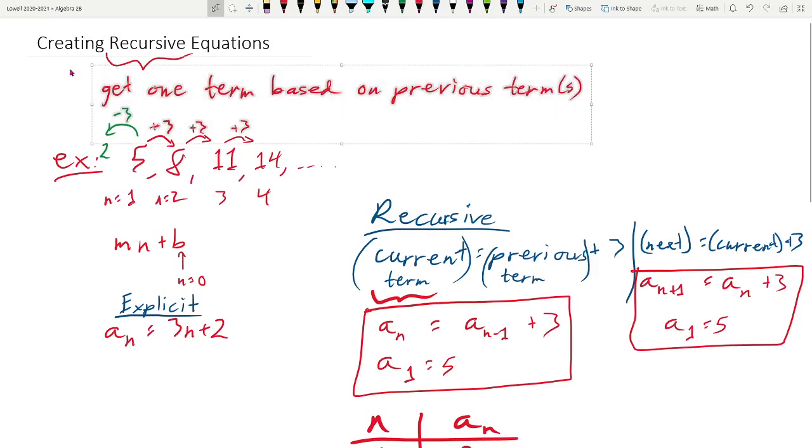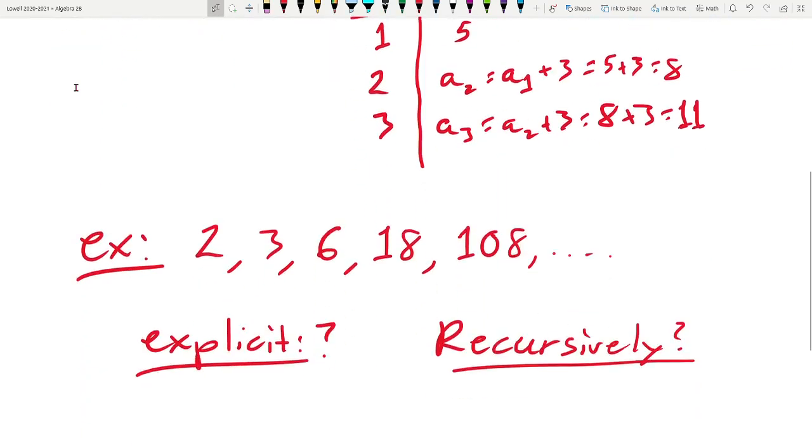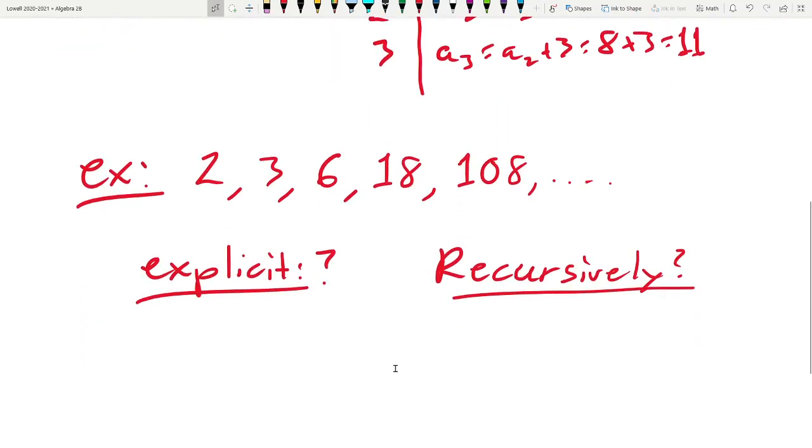When you're defining it recursively, you're going to look at everything that came before it, because sometimes you're actually going to need more than just 1. Okay? That's my hint. And so, you should pause the video and then come back when you think you have an idea.